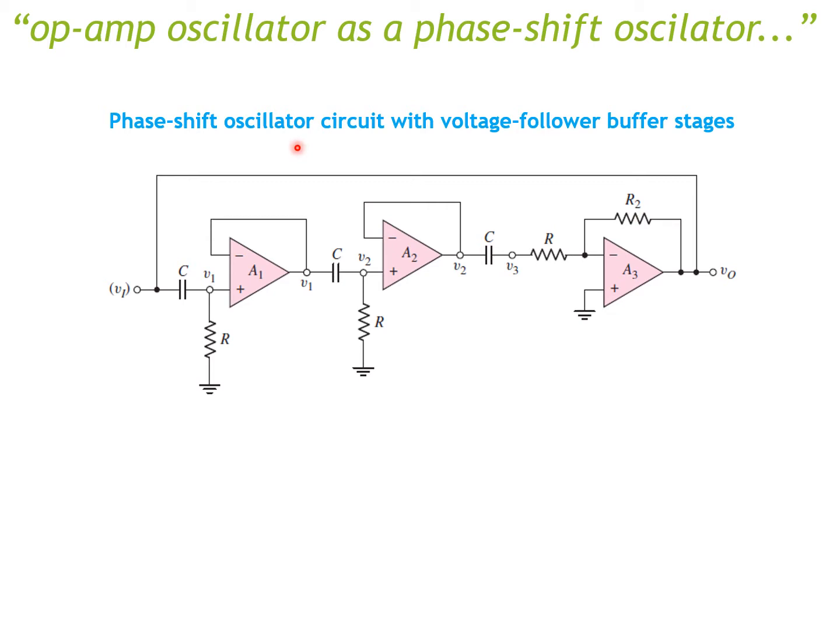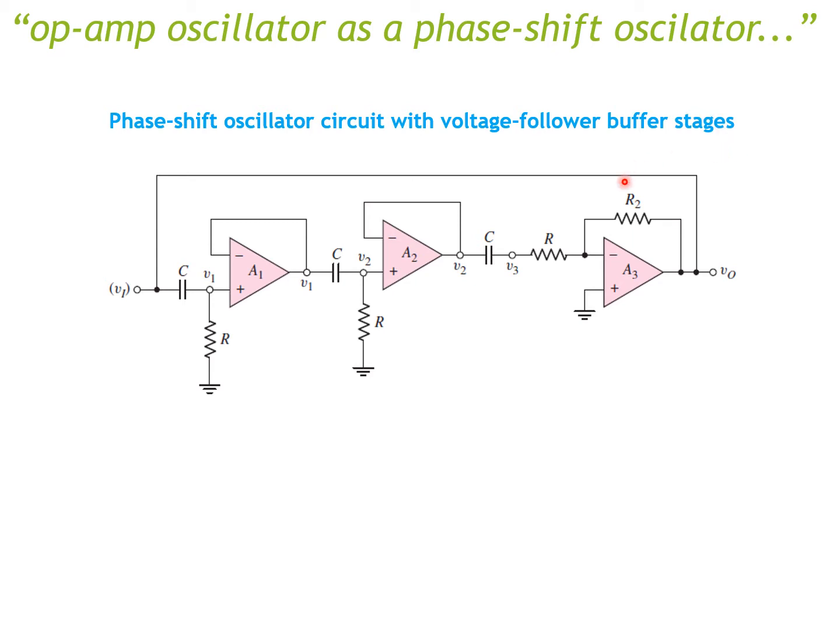So first we start with this three-stage circuit in here. As you see, this phase shift oscillator is constructed of op-amps, operational amplifiers. So we have three op-amps in here.